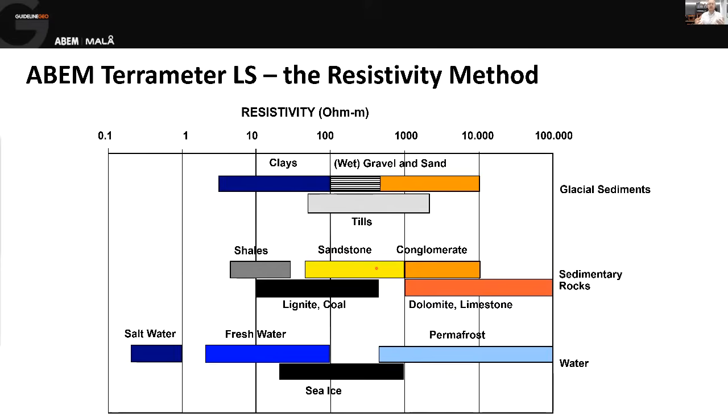For example, water, which is going to draw the resistivity lower, or some kind of mineral inclusion, which again would draw the resistivity lower, or it might be a void. A void full of air is a perfect insulator. It doesn't allow current to pass through it, and therefore we would see the resistivity in that region increase. So absolute or relative interpretations, or more likely, a combination of the two.